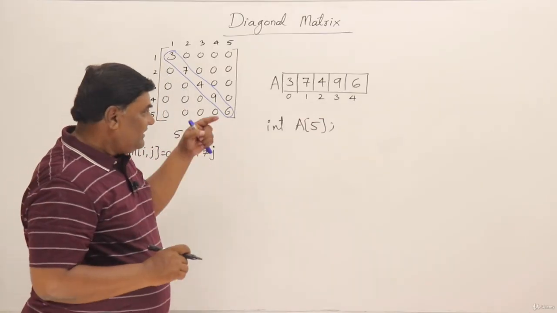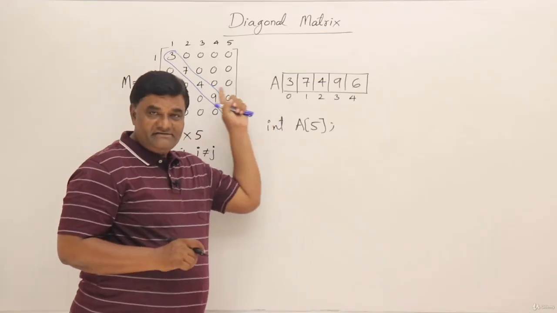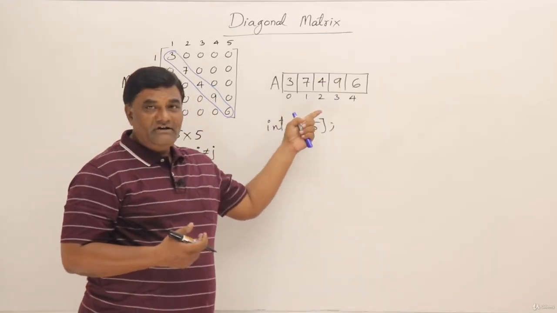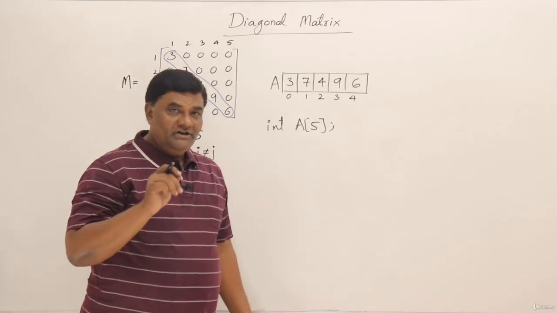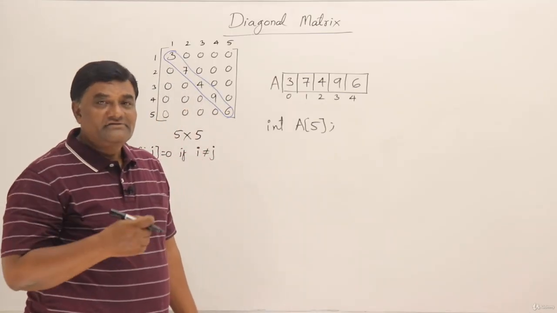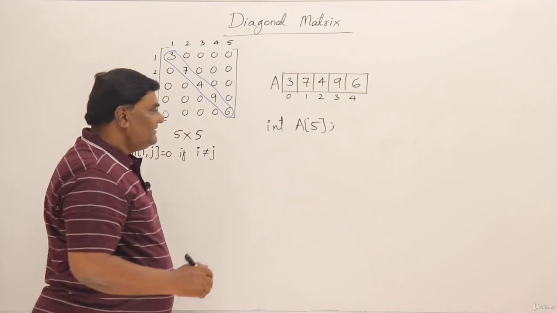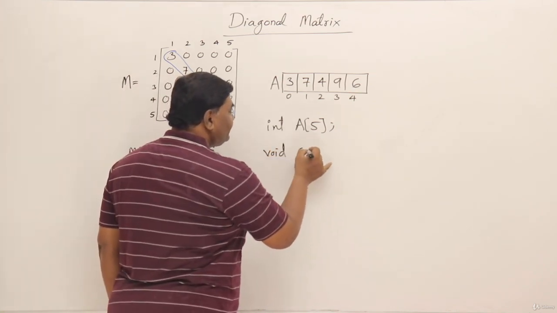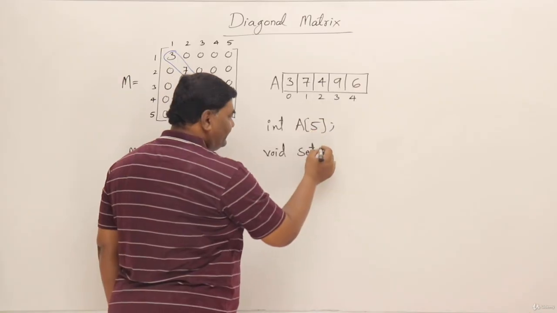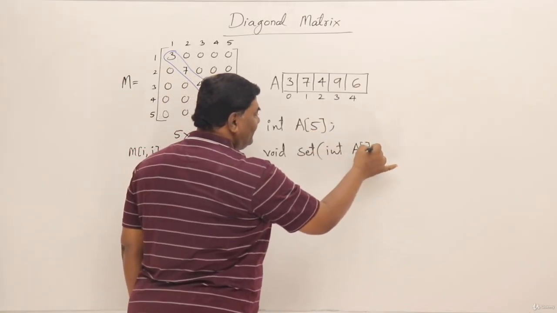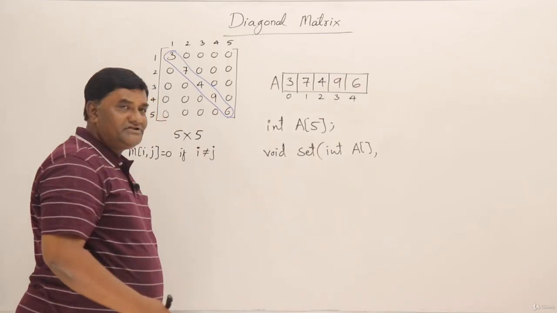Now, for storing data in this matrix, or retrieving the data in a matrix, that is actually in a 1D array, I need two functions, that is for setting the data and getting the data. So set and get functions I need. Let us write the set function first for storing data. First of all, it needs an array.